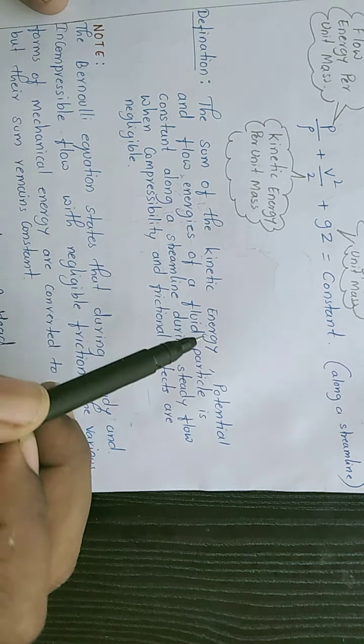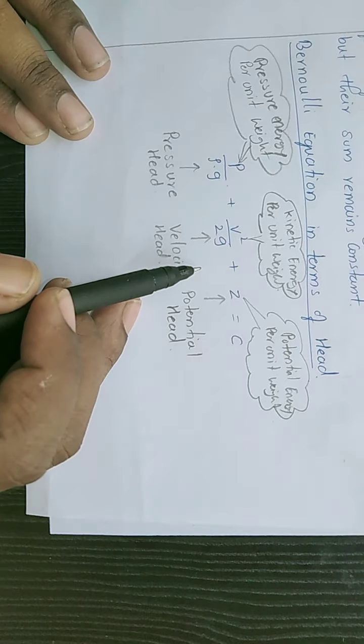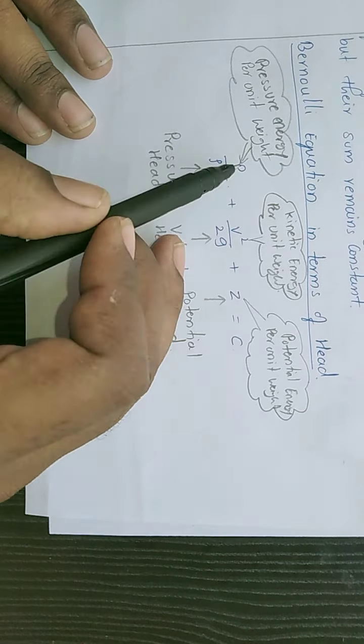There is one more equation that you need to remember. If I divide the equation throughout by g, then we get P by rho g plus V square by 2g plus z. What is the difference between the previous equation and this?